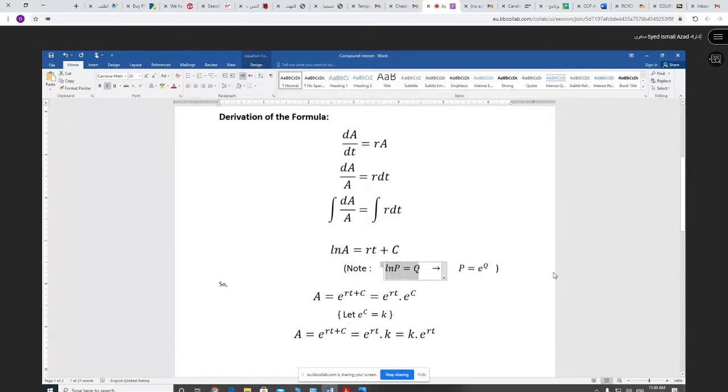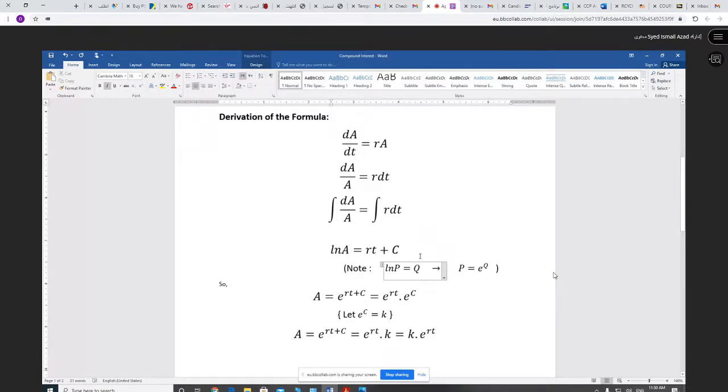If you have something like this, ln of p, ln of a function, is equal to q, then this is how you will convert into exponential form. If you have something like this, you can write it down like this: p will be equal to e power q. From here you remove ln and put this q as a power of e.